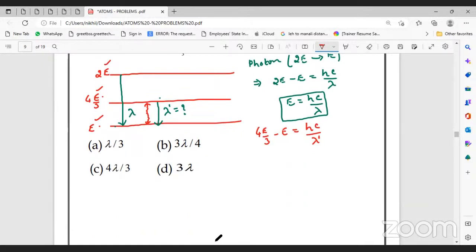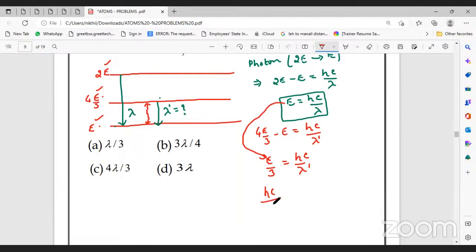So what is 4e by 3 minus e? It is e by 3 if you take out the LCM. E by 3 is equal to hc by lambda dash. Can you substitute this value of E here?